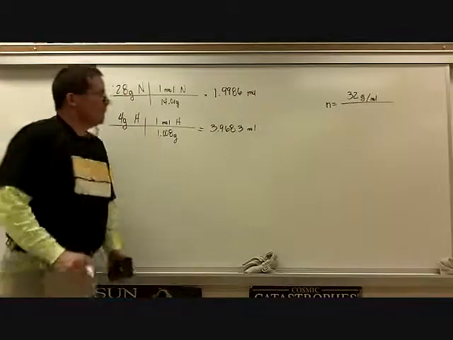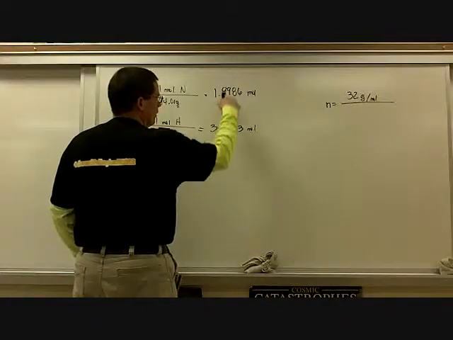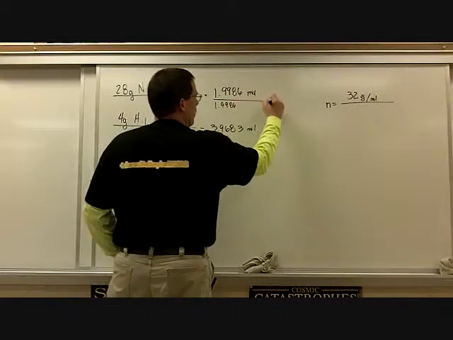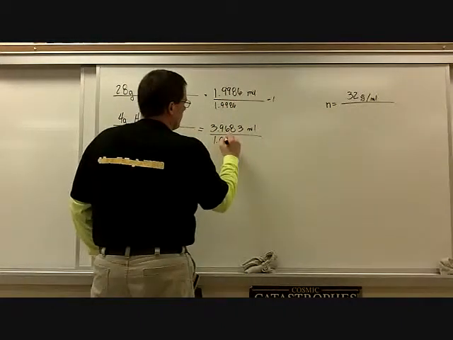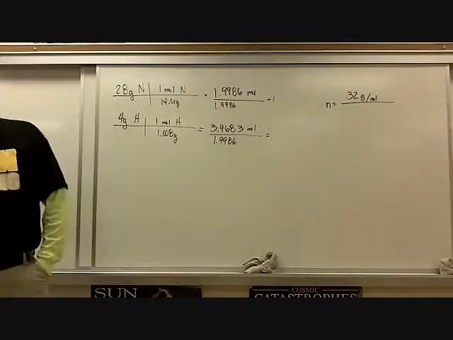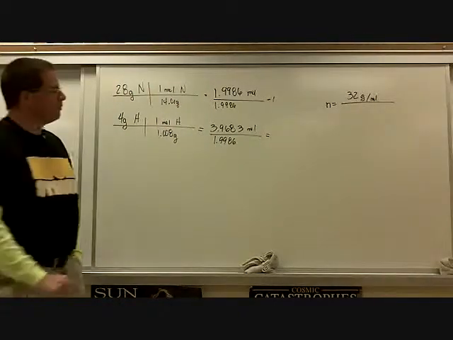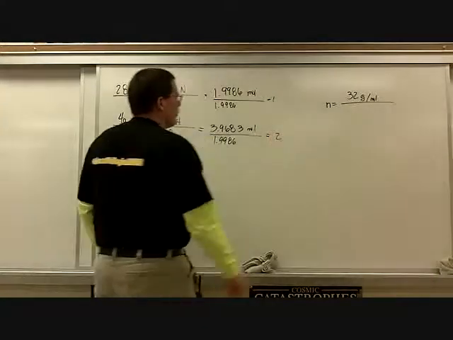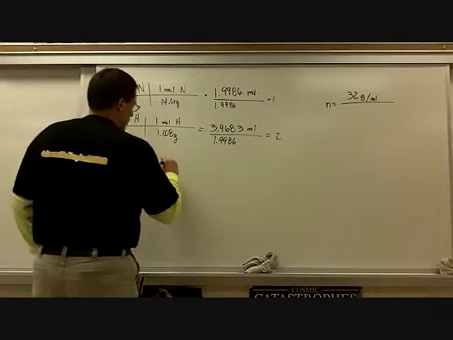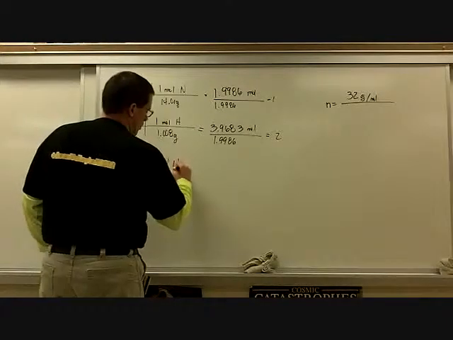So which one's smaller? Top one, good. So 1.9986 divided by itself gives me a 1, and 3.9683 should give me a 2. So what is the empirical formula for hydrazine? NH2. Good.